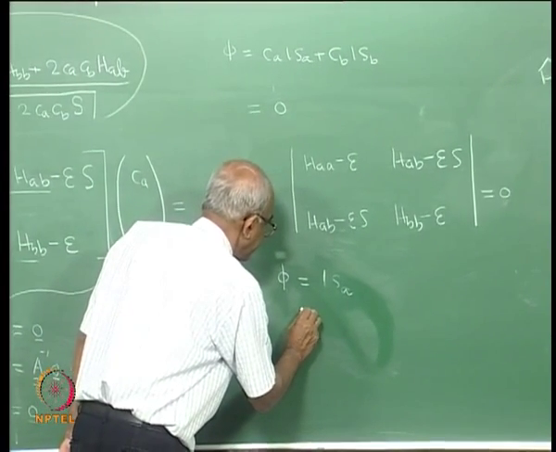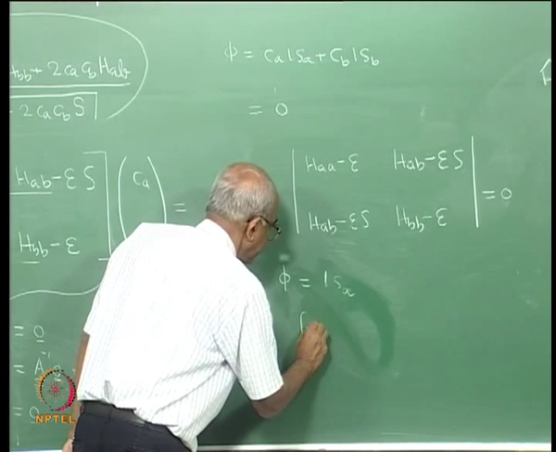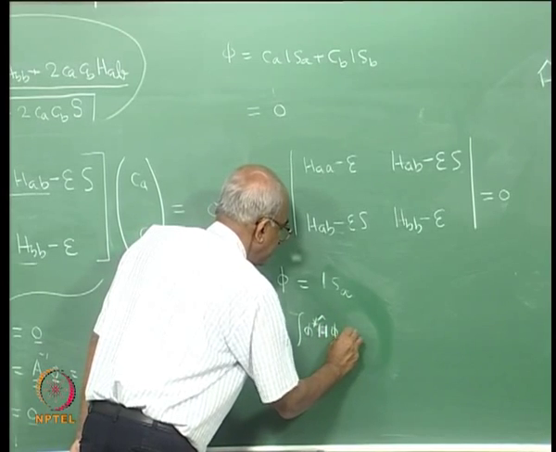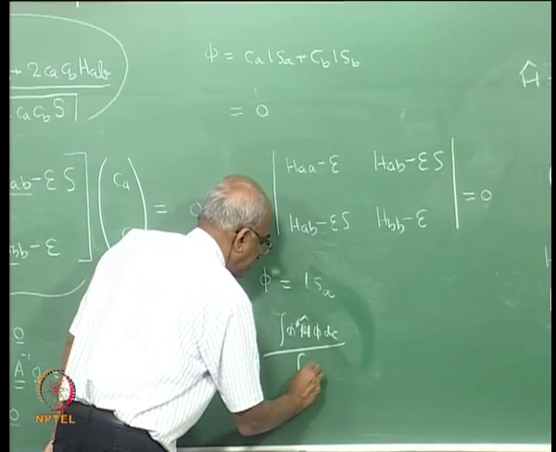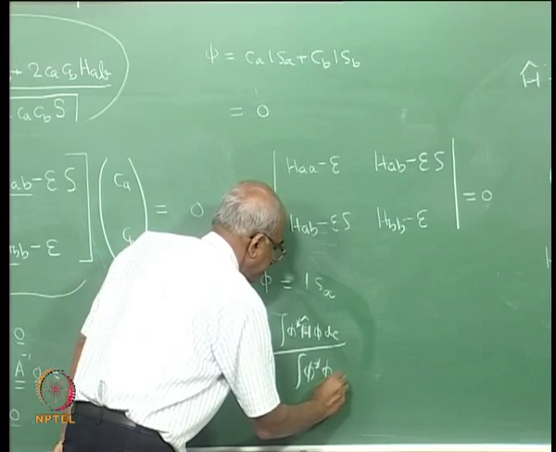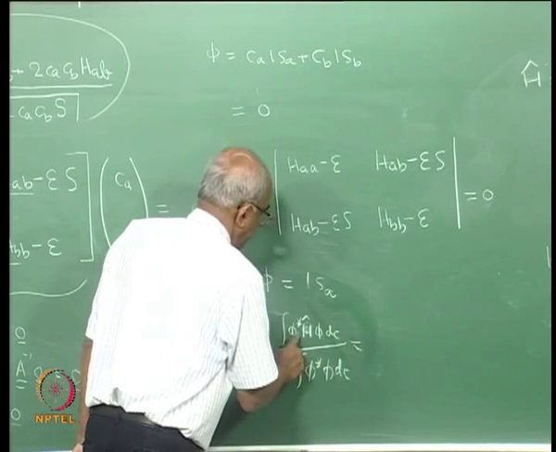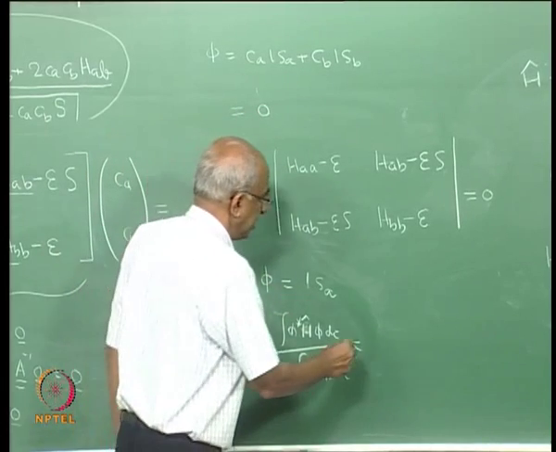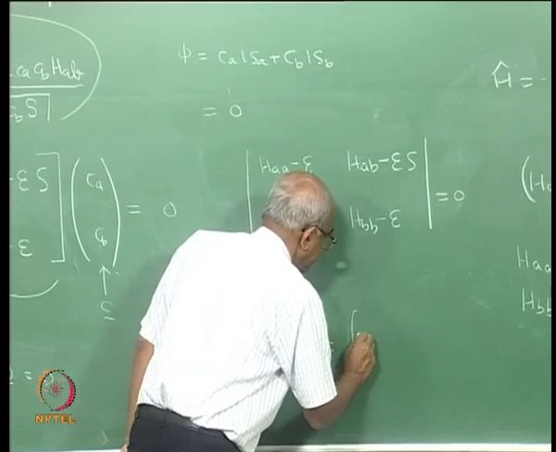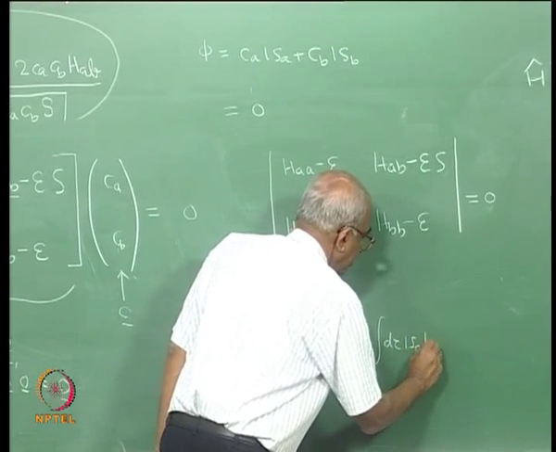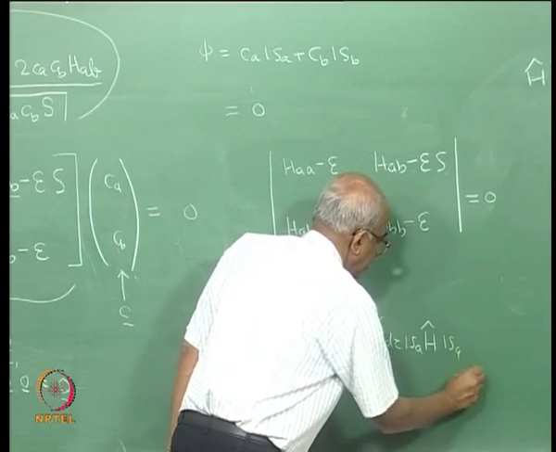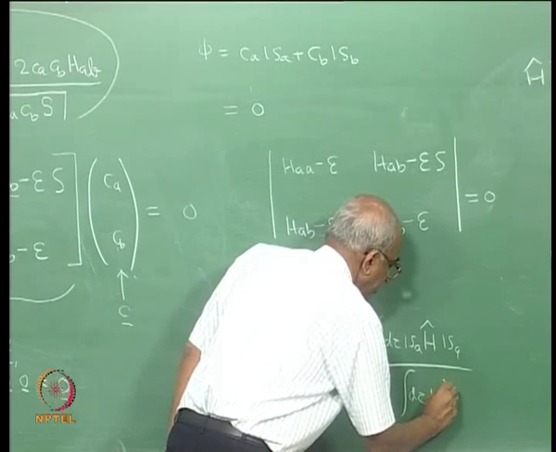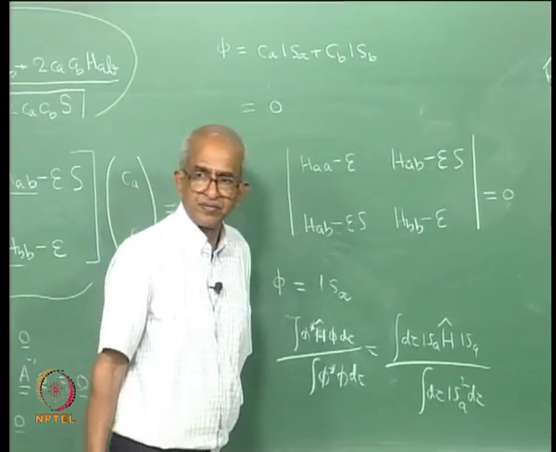The energy that I will get is integral phi star h phi d tau divided by integral phi star phi d tau. This is the expression for energy that I will get. But now my trial function is not such a combination, but it is just 1sa, and what will happen? I will get integral d tau 1sa H 1sa divided by integral d tau 1sa square d tau, right.